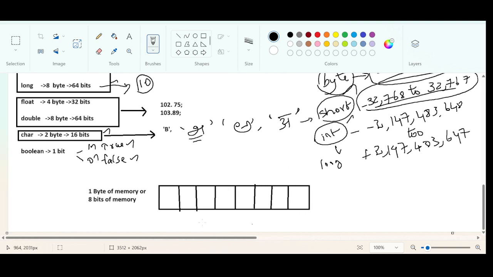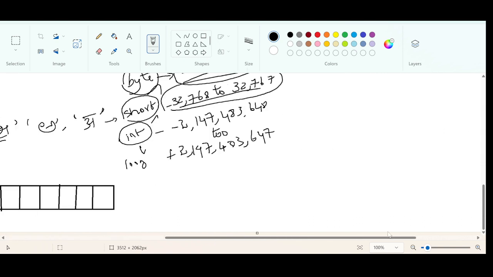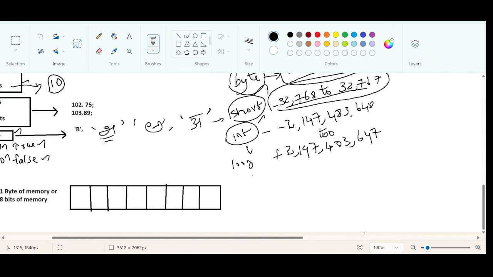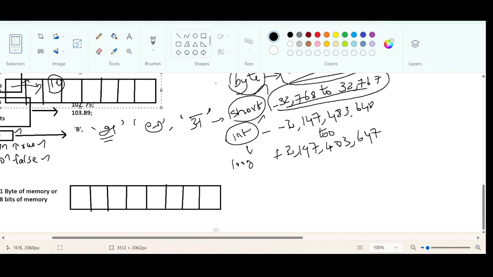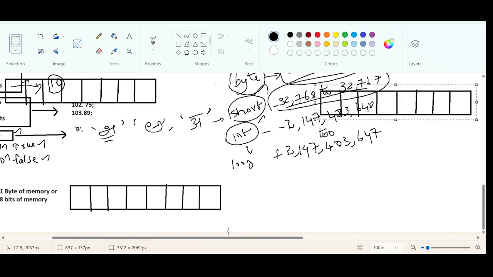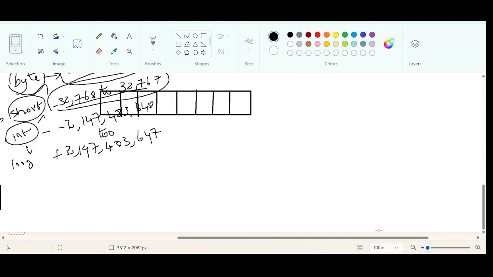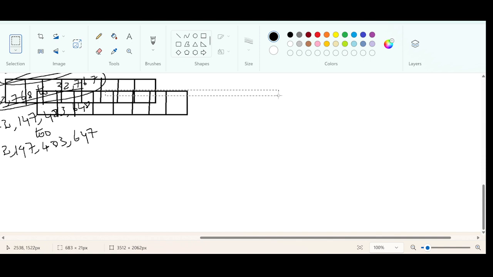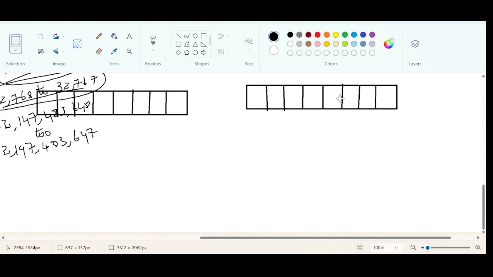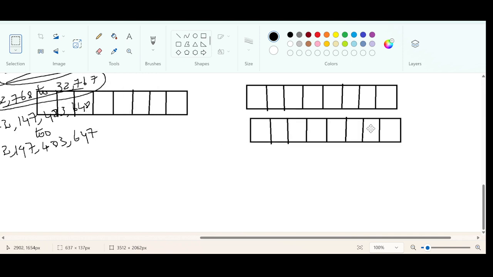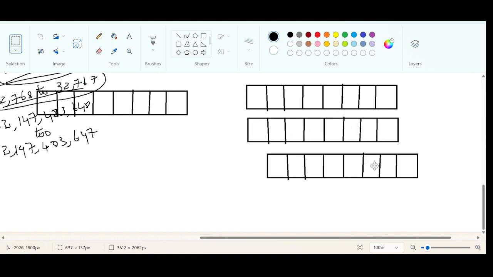I am showing a diagrammatic illustration of 8 bits memory representation. This is how the 8 bits look like, right? Let me copy this. We will understand each and every combination.